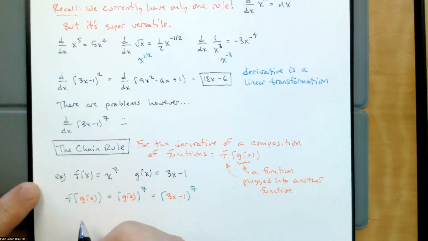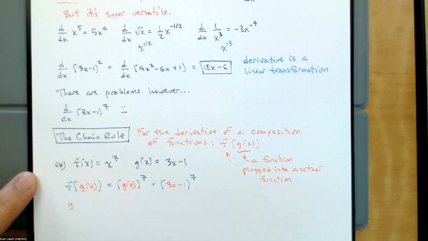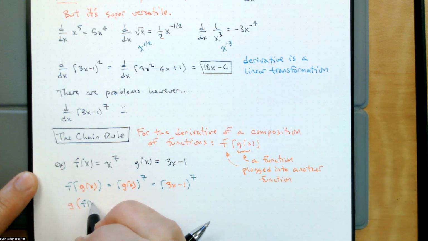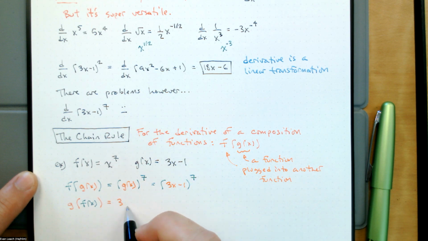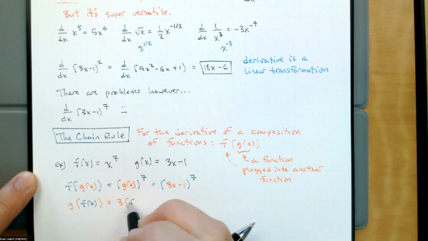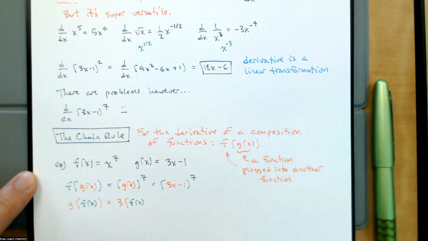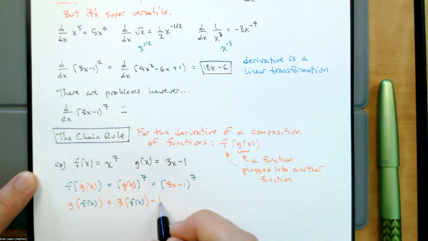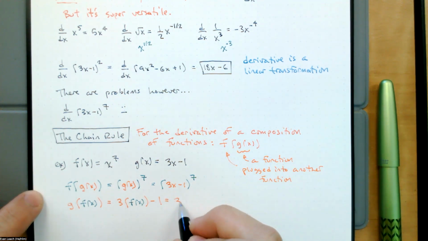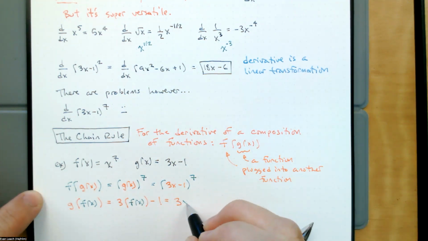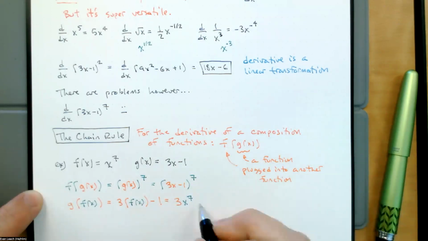So if I were to switch this around and find g of f of x, g of something is to take 3 times that thing and then subtract 1. So g of f of x would be 3x to the 7th minus 1.